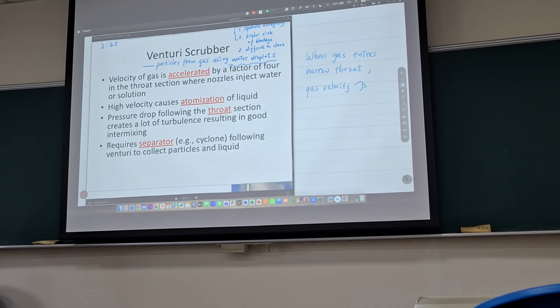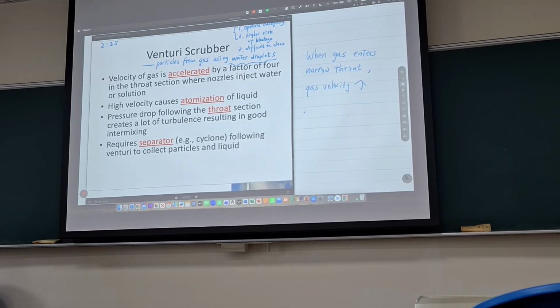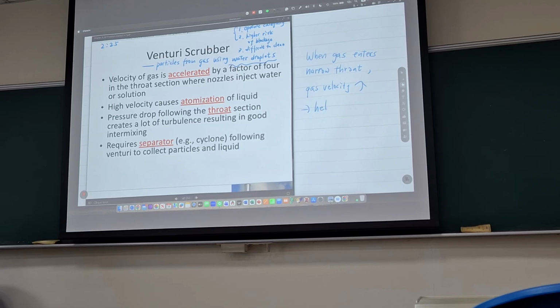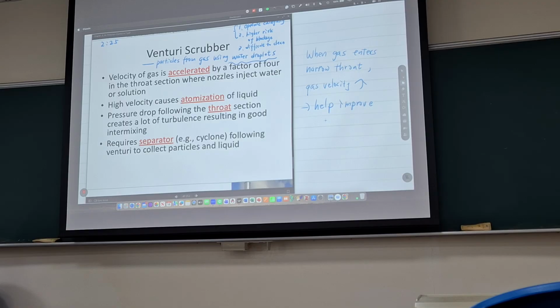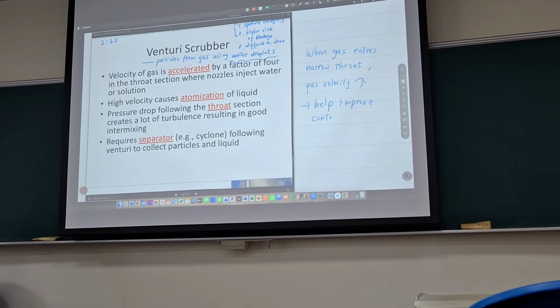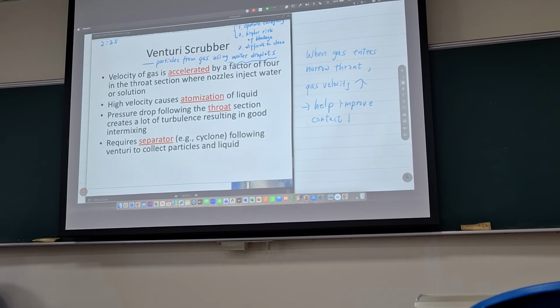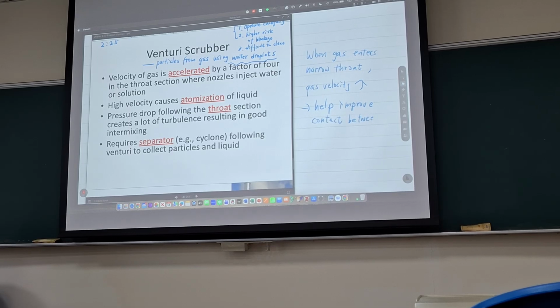Okay? And if the gas velocity increases, it helps improve contact between particles and liquids.